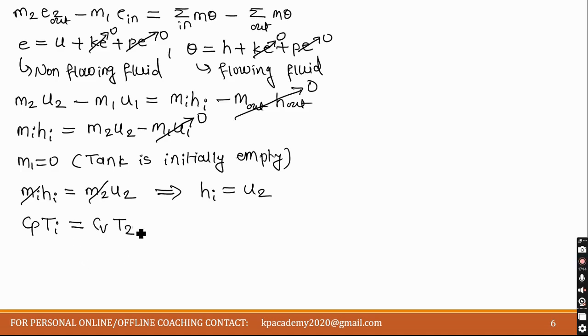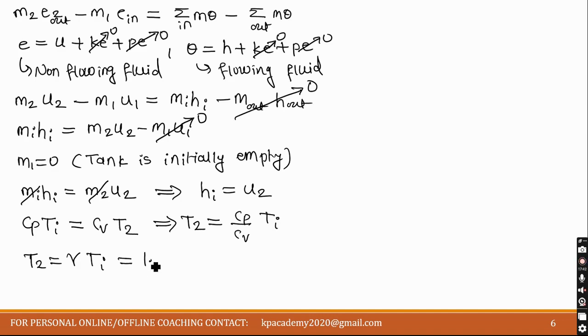We have this equation, Cp into Ti equal to Cv into T2, right? Now what we have to find out here? We have to find out T2, isn't it? So T2 will become T2 equal to Cp by Cv into Ti. Now Cp by Cv is what? Gamma, isn't it? So T2 equal to gamma into Ti. Now what is gamma here? We have gamma equal to 1.4, right?